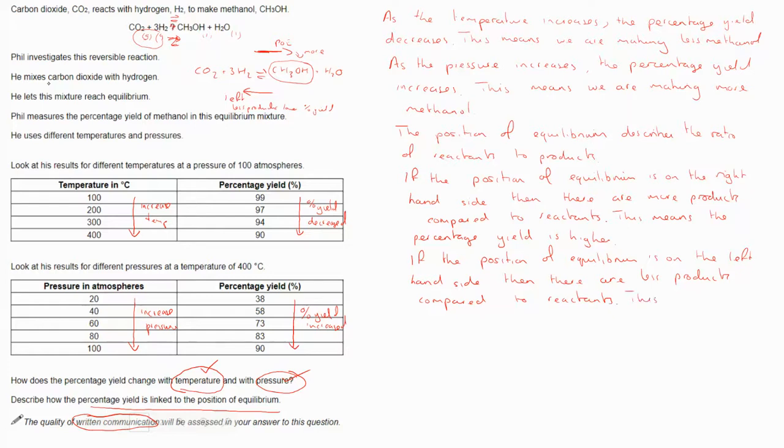This means that the percentage yield is lower. And now I've done that, describe how the percentage yield is linked to the position of equilibrium. So I've answered all the questions now.